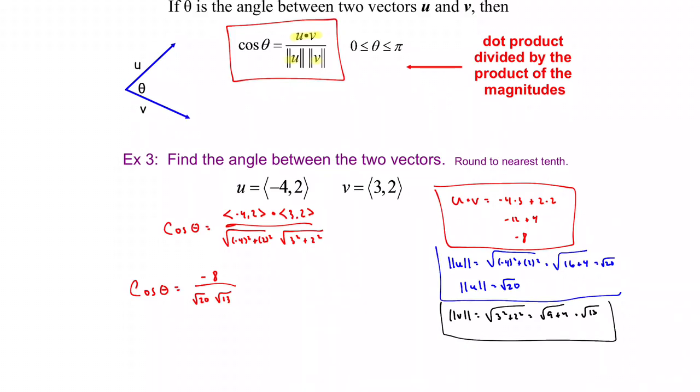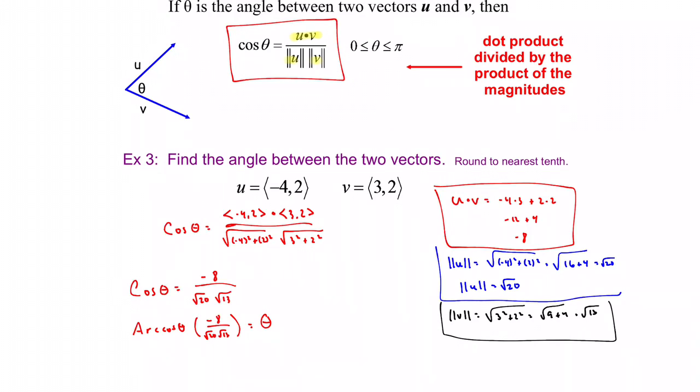But remember, that's not our answer. Our answer is the angle. And so what we want to find is the arc cosine of this value, whatever negative 8 divided by square root of 20 times square root of 13 is. That's going to give us our angle of theta.